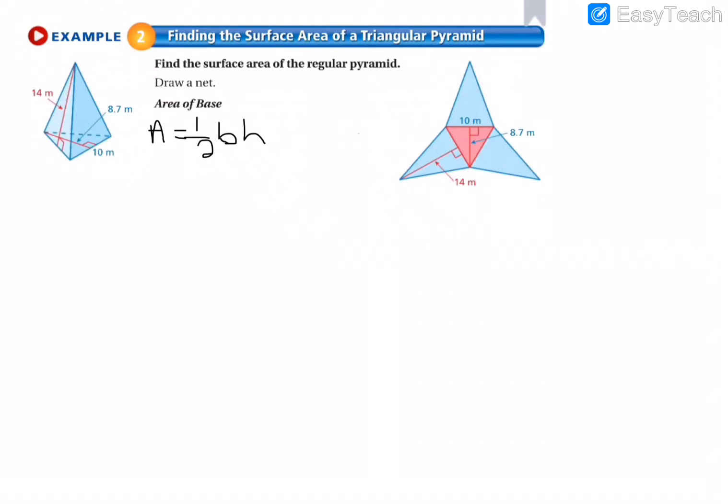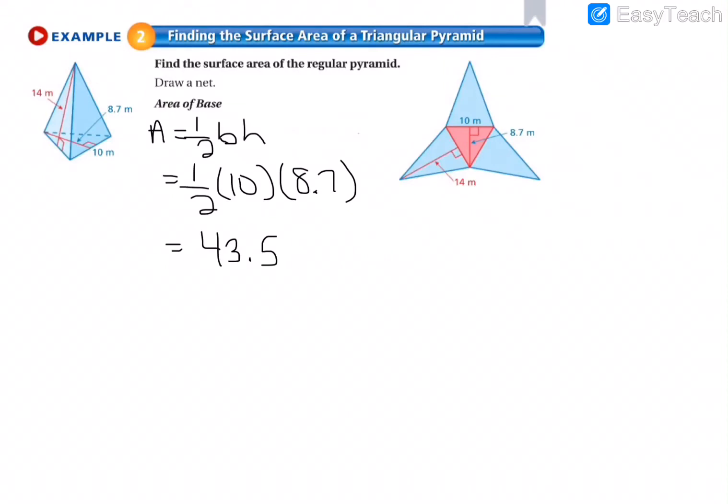Okay, so it's 1/2 times 10 times 8.7, and then half of 10 is 5. 5 times 8.7 is 43.5. Okay, so that's my area of the base.